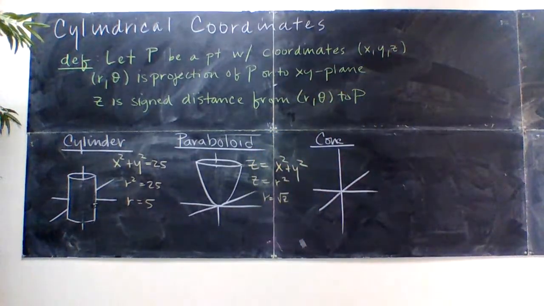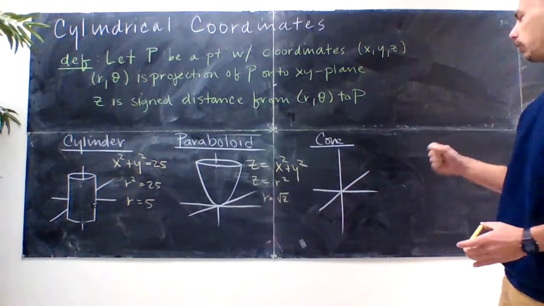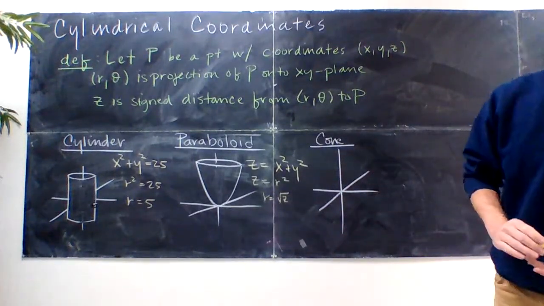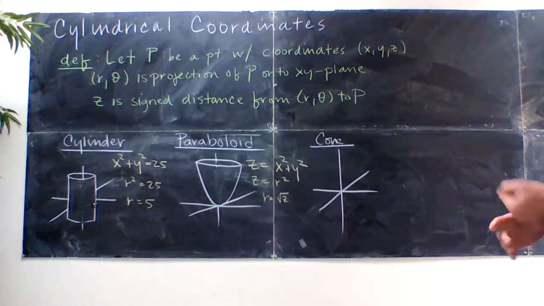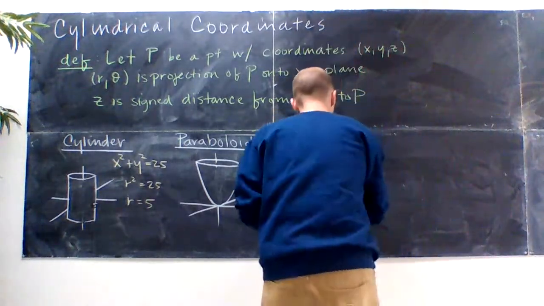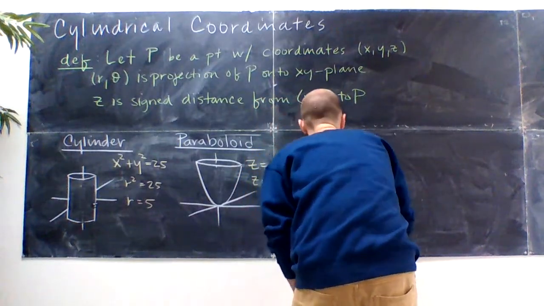So this one, I'm going to draw in a different color because this has some straight lines to it, and I would not want to be confused about the axes versus the actual cone itself. So I'm going to draw this one in blue. Okay, so for the cone, that wasn't very good.